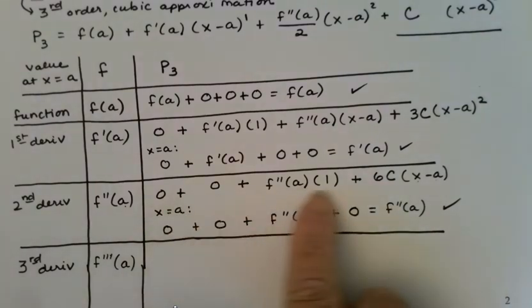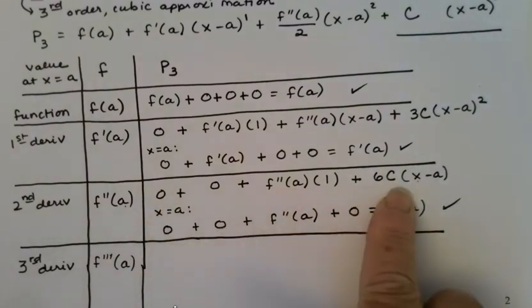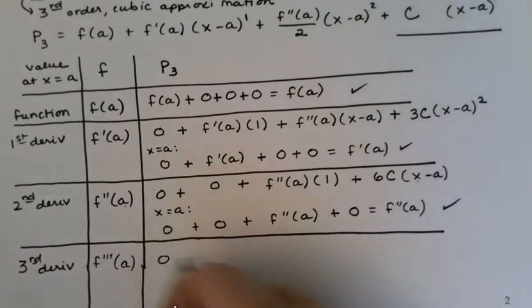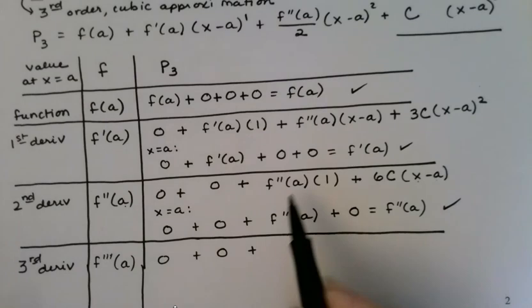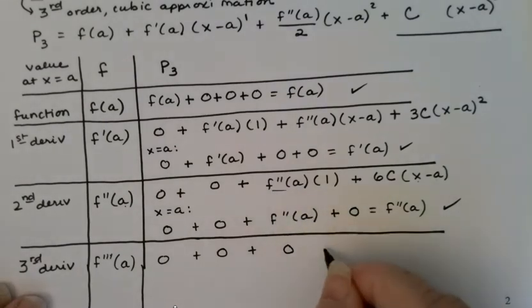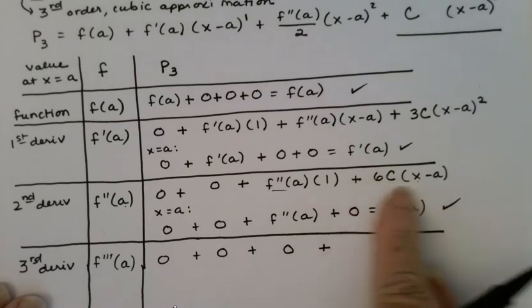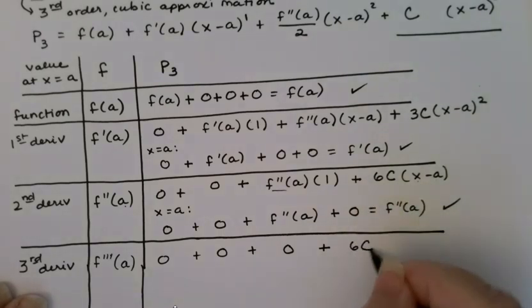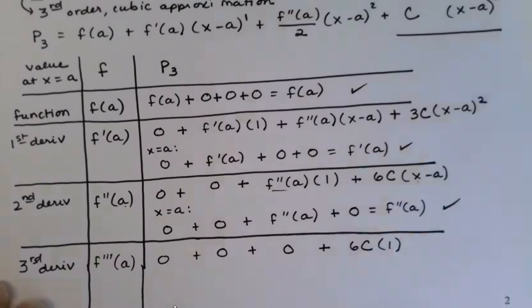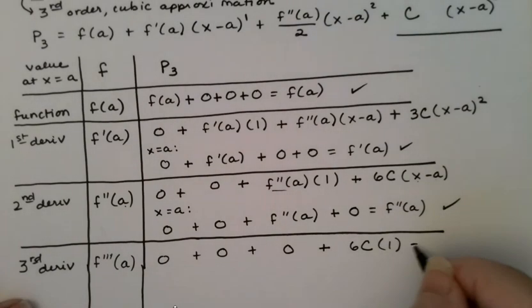So I'm going to take the derivative of this to calculate the third derivative of p3. I have 0 plus 0. The derivative of this constant term is 0. And the derivative here, this does have an x, so we just have 6c as a constant multiplier times 1, which all equals 6c.